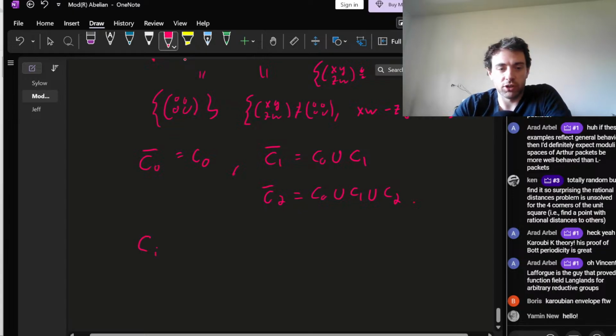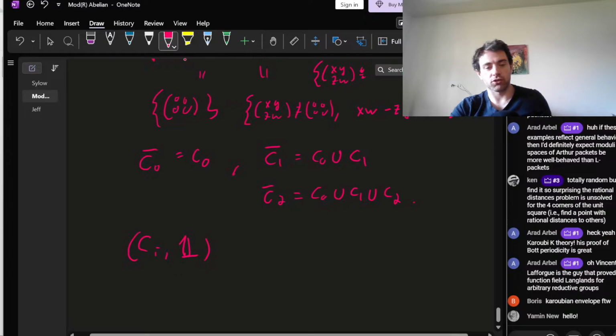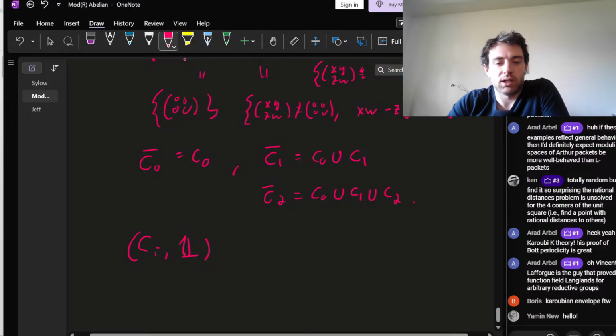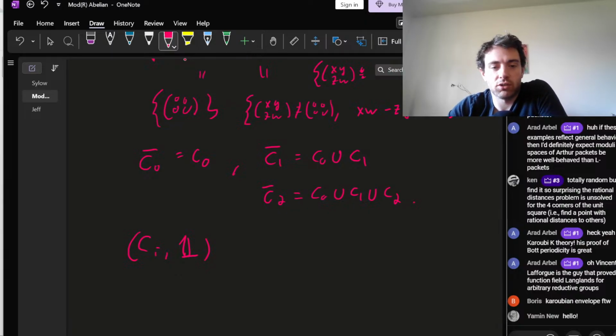So for each one of these orbits, I want to consider the trivial local system. And now, what do I need to do? I want to produce the D modules on this variety associated to it, and compute their characteristic cycles.